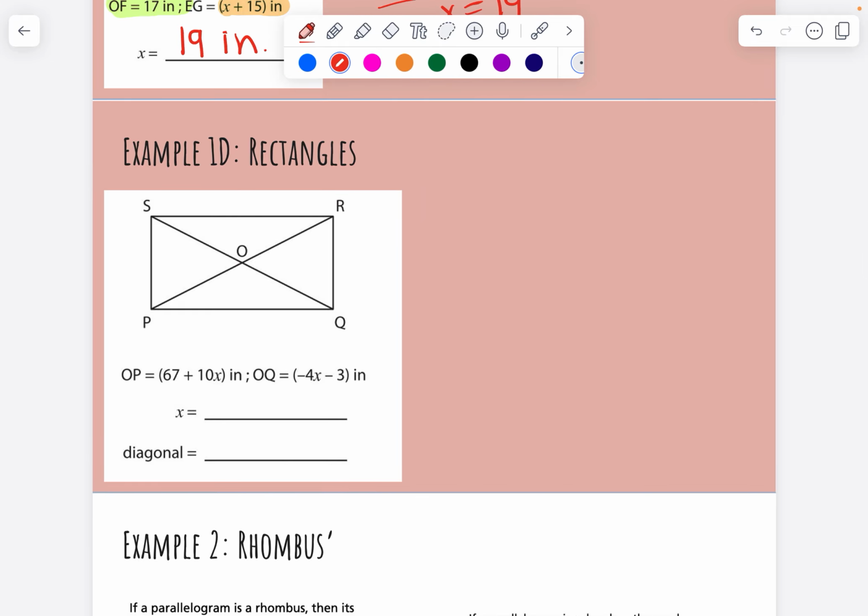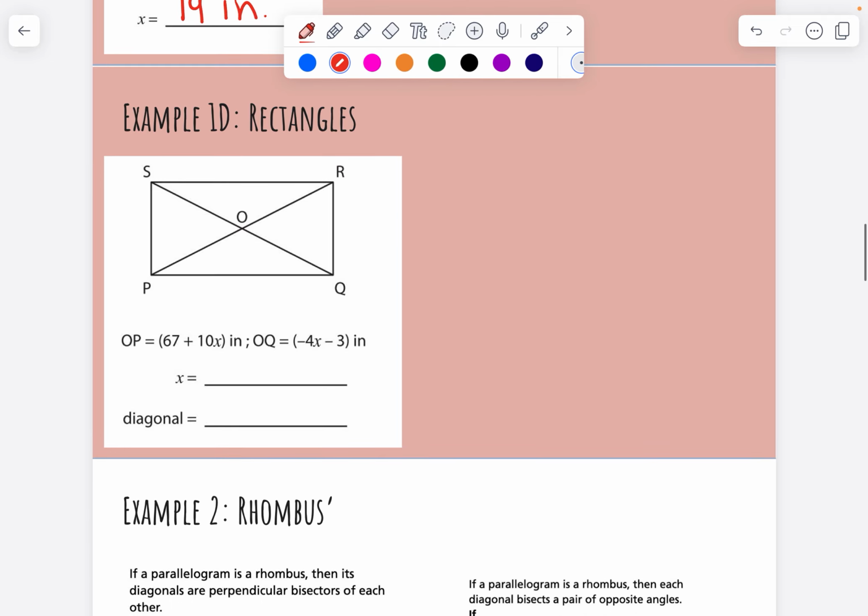So get another rectangle. They're telling me that OP, so this part right here, is 67 plus 10x. They're also telling me that OQ is 4x minus 3. Well, we know those are equal to each other. I know OP and OQ are equal. So I can say 67 plus 10x is equal to negative 4x minus 3.